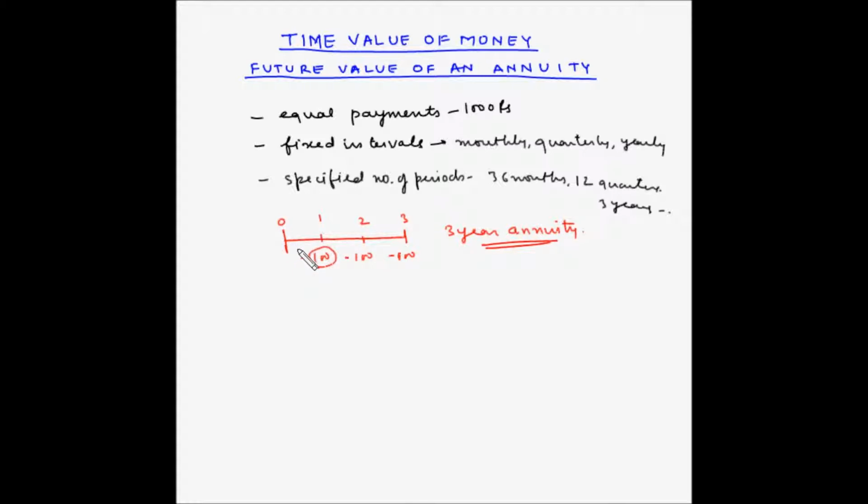Now here we consider that the payment is done at the end of each year. In that case, the annuity is called an ordinary or a deferred annuity.